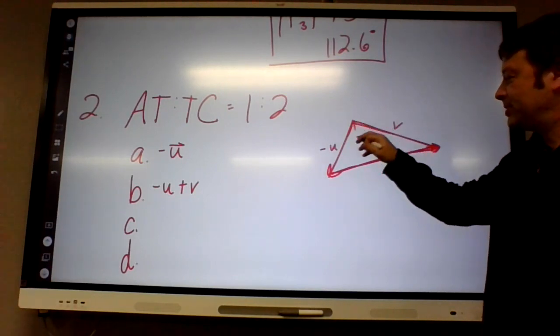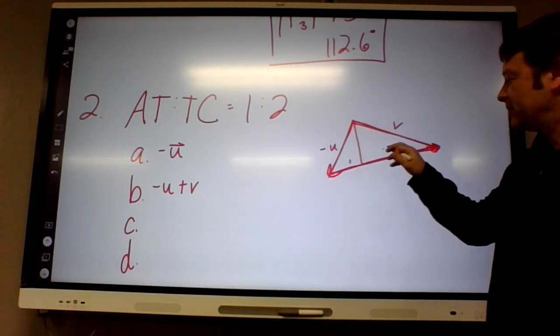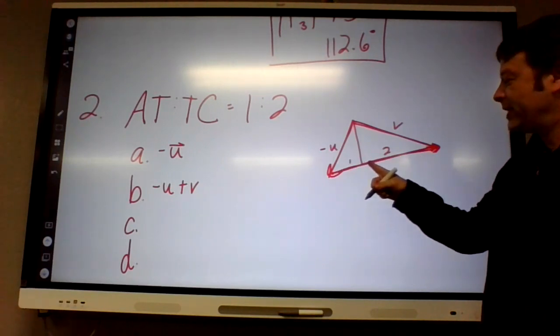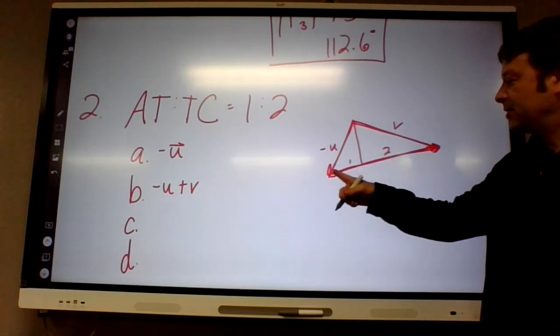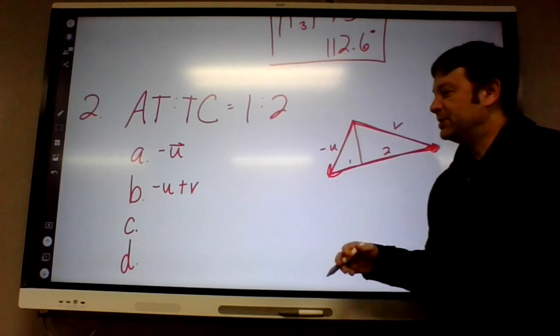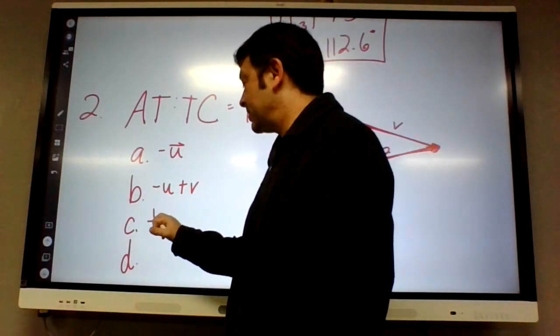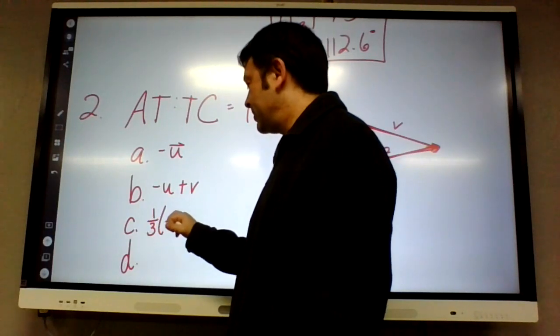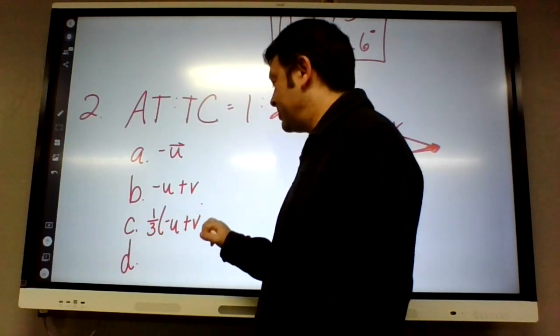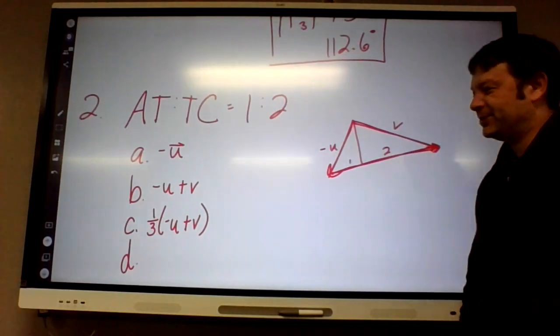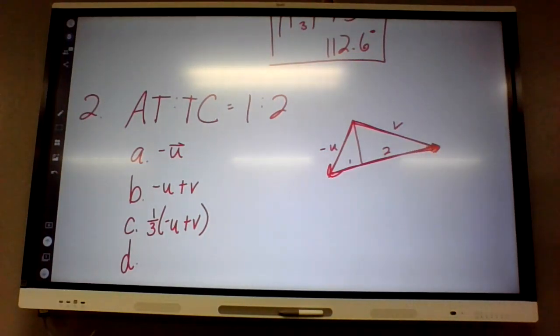But on this one, we only want to go what fraction of the way? 1/3. So we only want to go 1/3 of this. I think they might have distributed the 1/3, but anyway, that would do it. 1/3 of that vector.